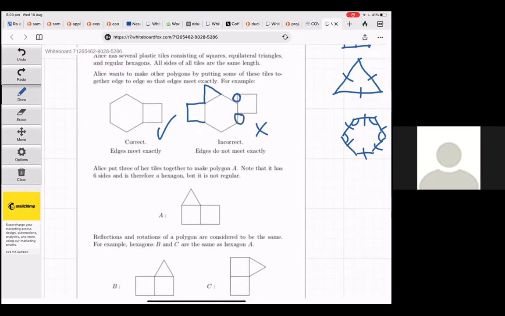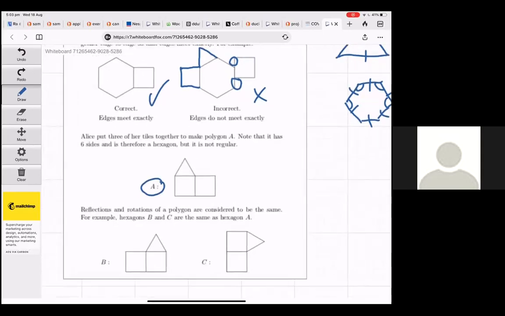Now, Alice put 3 of her tiles together to make polygon A. So this polygon is just the shape created by putting everything together. It kind of looks like a house with a room coming out of it, doesn't it? Let's count how many sides. It's got 1, 2, 3, 4, 5, 6, 7.